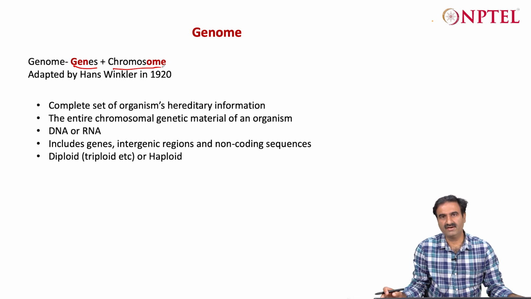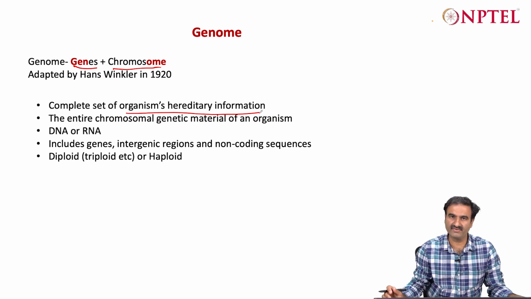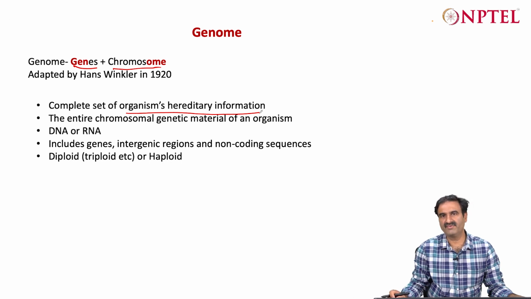So basically genome refers to the complete set of genetic material which is present in an organism, which is also inherited, and it will include all the chromosomes that are present in the nucleus or in the nuclear region in a prokaryote. Okay, the DNA.